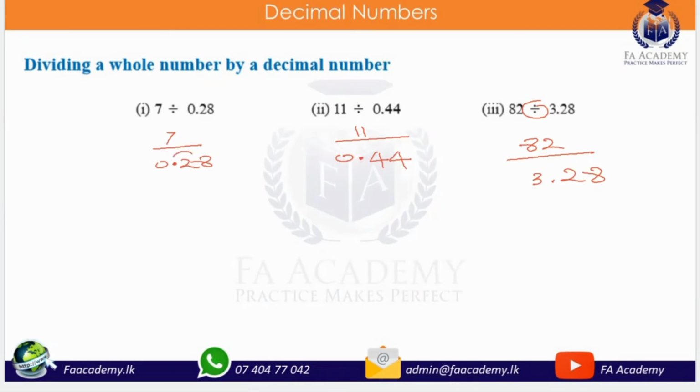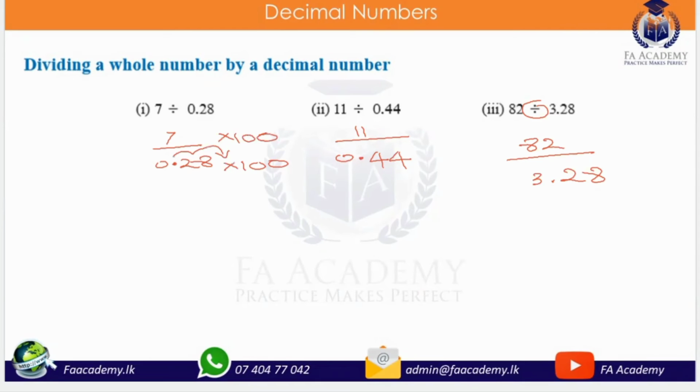You can see the decimal is over here. I need to take it off to the corner. What can you do to take it off? You can multiply it by 100. In a fraction, whatever we do to the denominator should be done to the numerator as well. So I'm multiplying the numerator by 100.